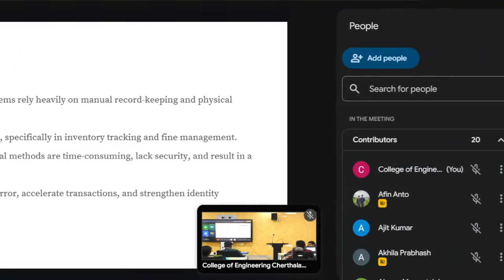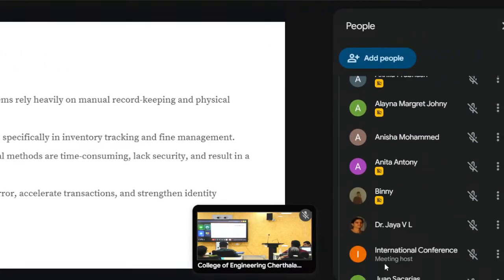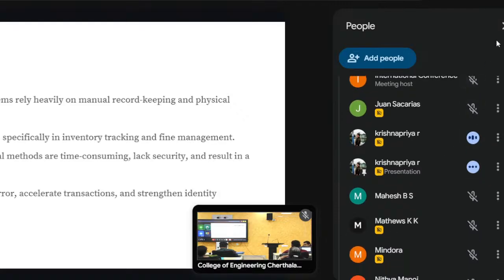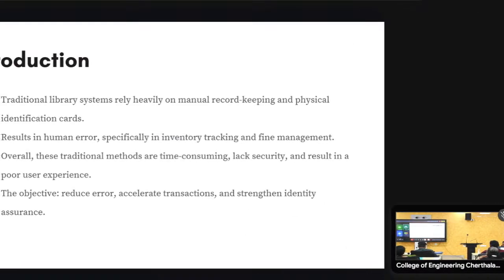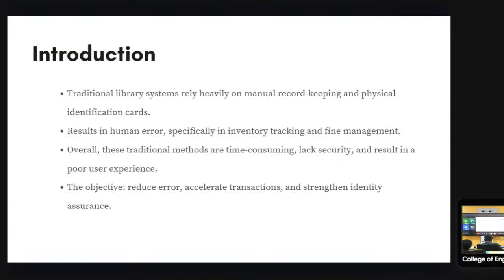We all know how the traditional library system works, right? The student needs to carry a physical library card every time, and these cards may get lost, stolen, or misused. Even after reaching the library and after long hours of search, they may not find the book they are searching for.